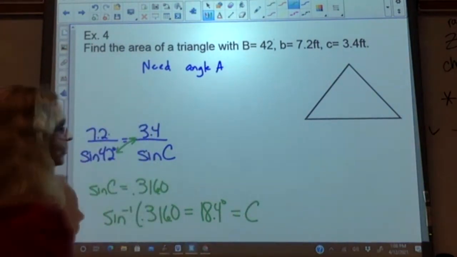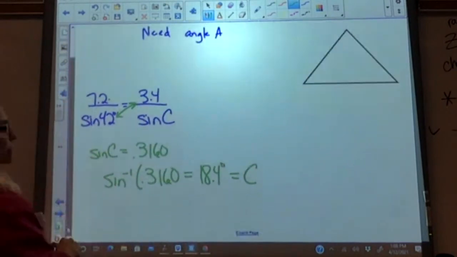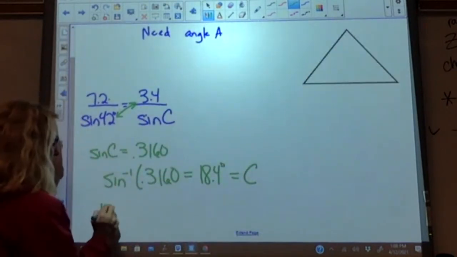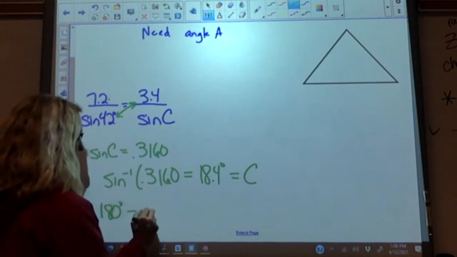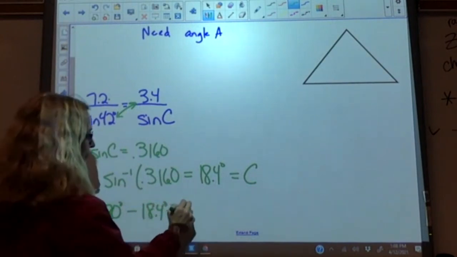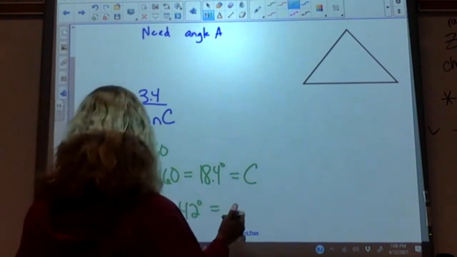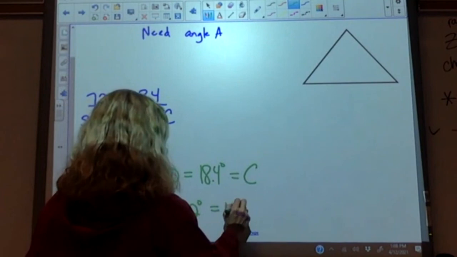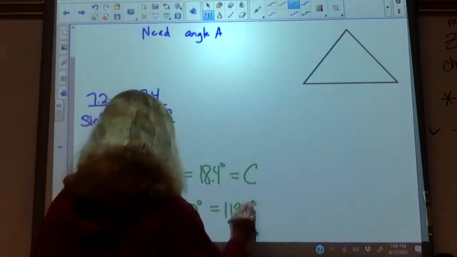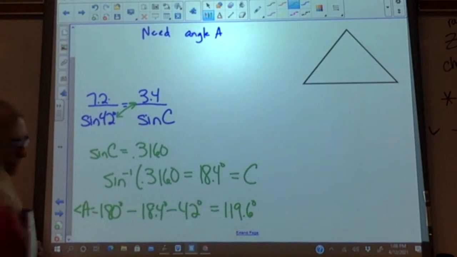Right. And so now we know angle B and angle C, we can find angle A. So we would do 180 minus 18.4 minus the 42. And this gives us 119.6 equals the measure of angle A. Okay.